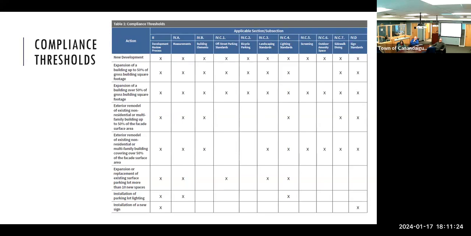So compliance thresholds. This is an important table, right? This was recognized very early on in the process. The Uptown Master Plan was a pretty progressive planning document for the vision it set forth for the Uptown area, which I think everyone involved in that process would admit was intended to create an area of the town that does, for many intents and purposes, look and feel different than the Uptown area looks and feels today, right?